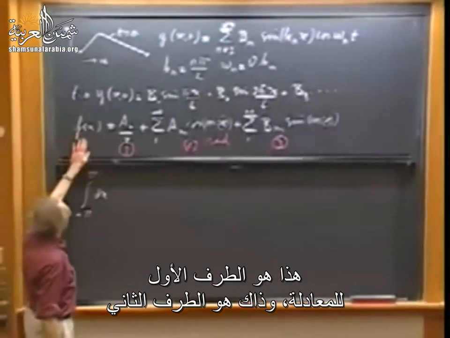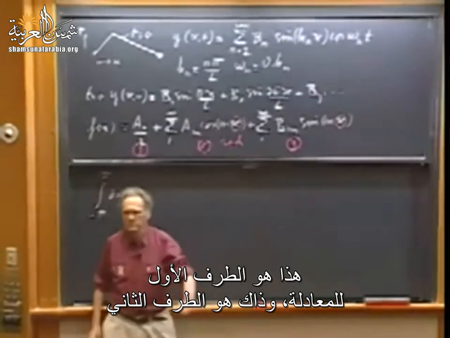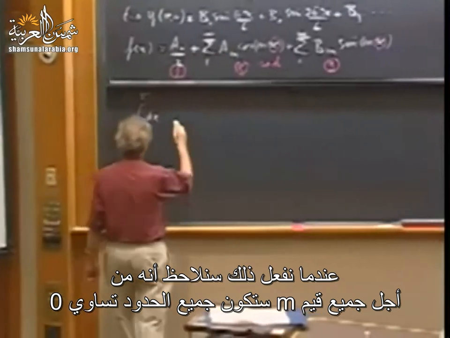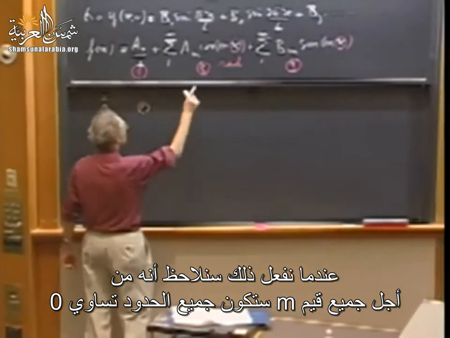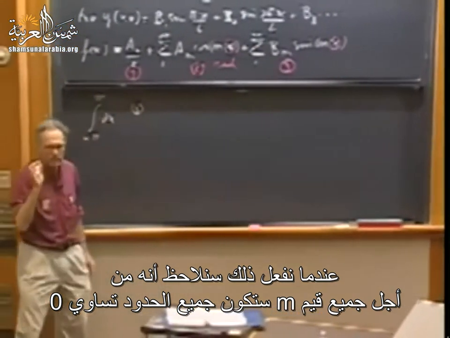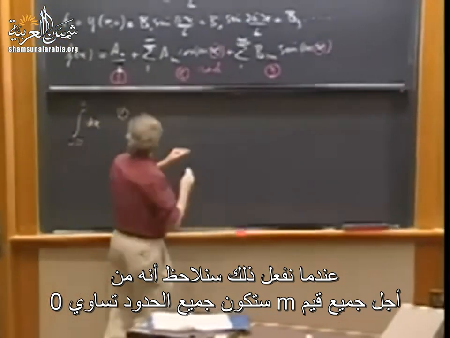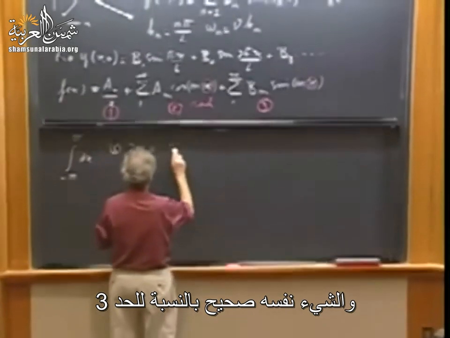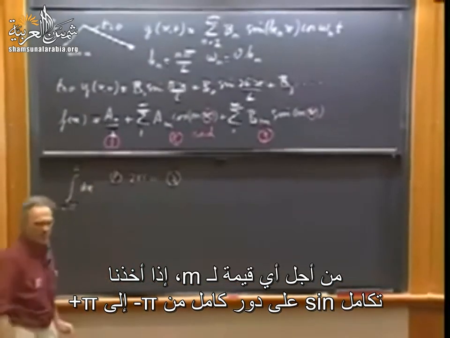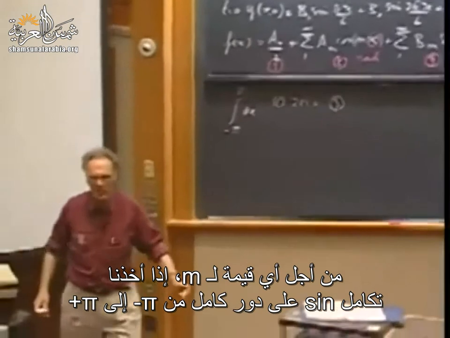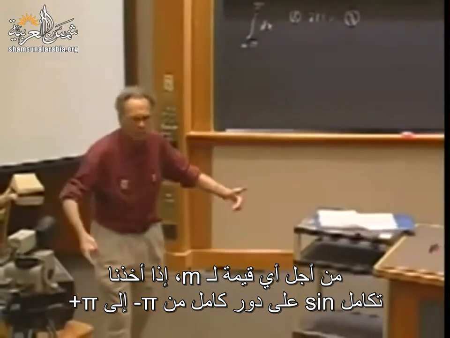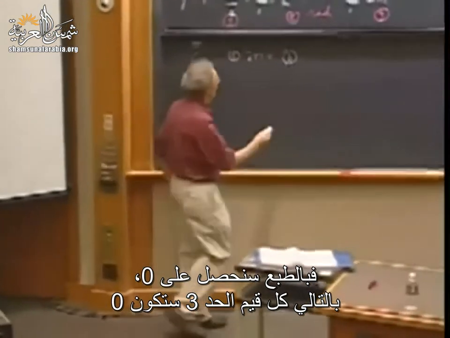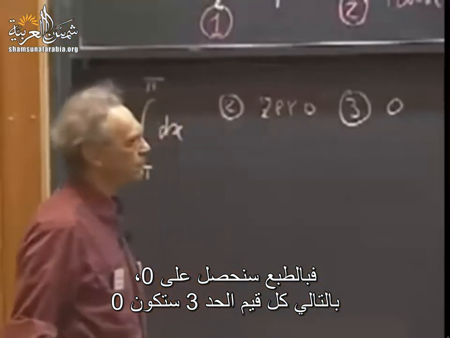This is one side of the aisle, and this is the other side of the aisle. And when you do that, you will see that for all values of m, all terms here will be 0. And the same is true for 3. For any value of m that you take, if you do an integral over a sine, over a complete period, from minus pi to pi, that is a complete period, you get 0, of course. So all values for 3 will be 0.